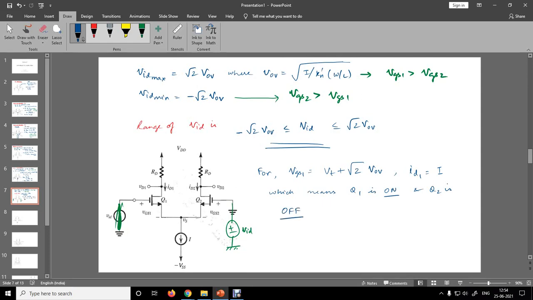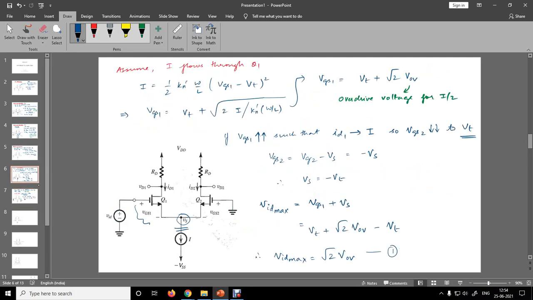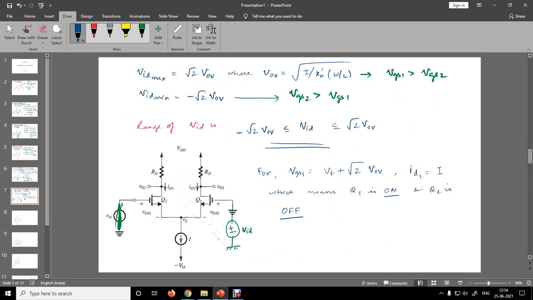VGS1, which we derived in the earlier slide as Vt plus square root of 2 into VOV. For that VGS value, your ID will be I, which means that particular transistor is on and the other transistor is off. In this case, VGS1 is this value, which makes Q1 on and Q2 off.